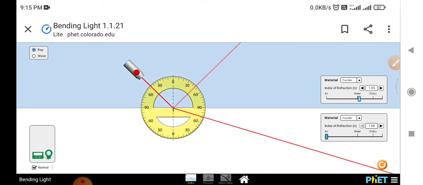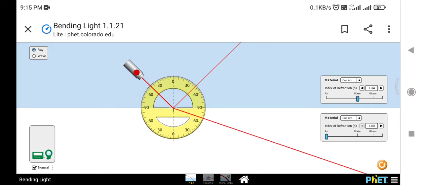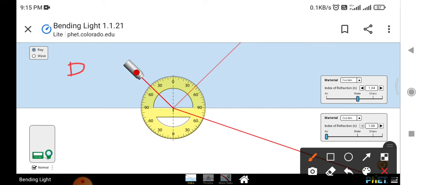The upper medium is water and the lower medium is air. So this acts as a denser medium and this acts as a rarer medium. So when the light travels from denser to rarer, it bends away from the normal.